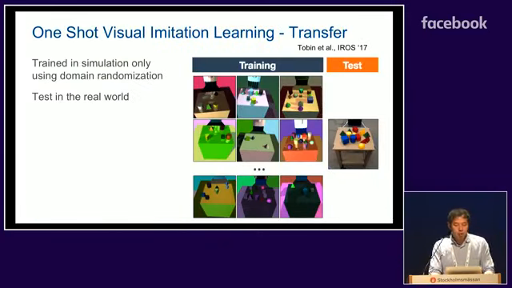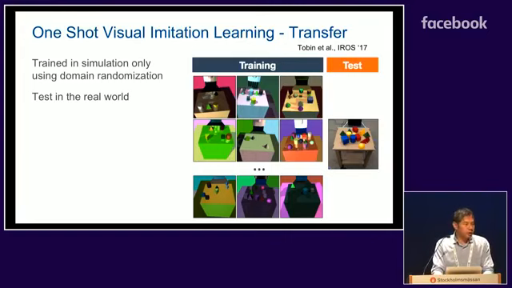A related work by Tobin et al. in 2017 takes this 1 step further and attempts to handle the situation when training can be done purely in simulation through virtual reality, and testing is done in the real world.